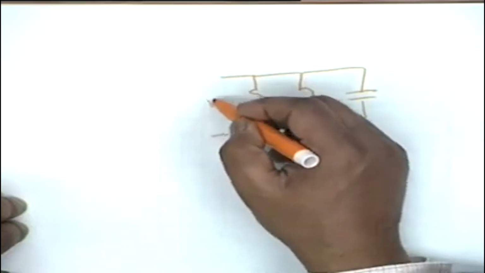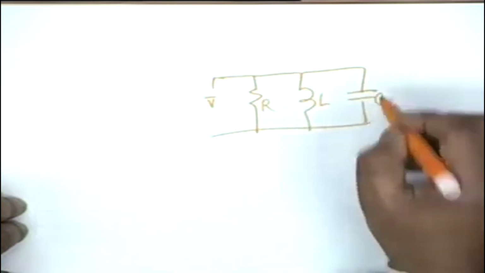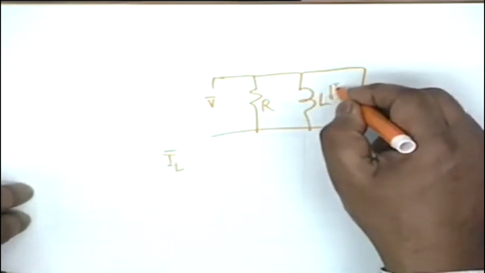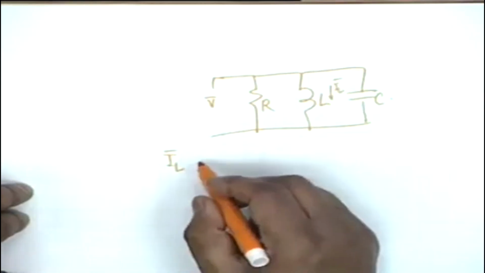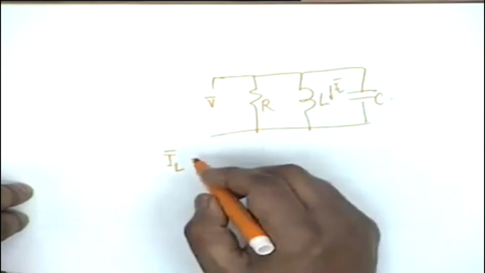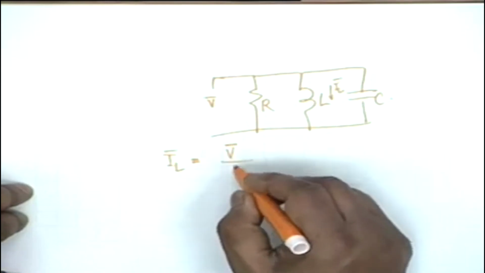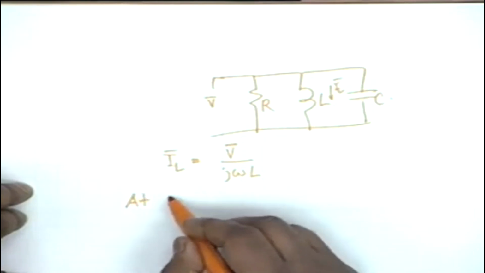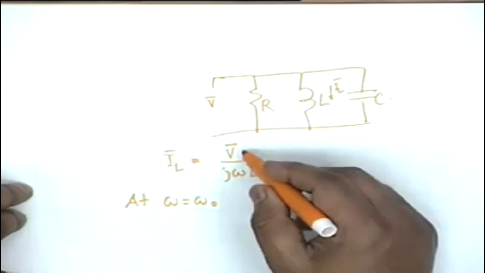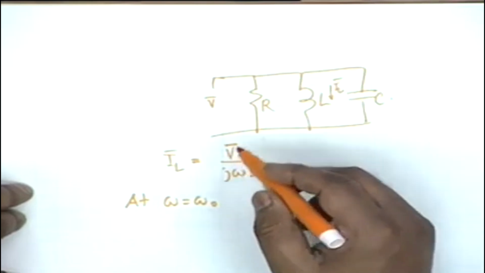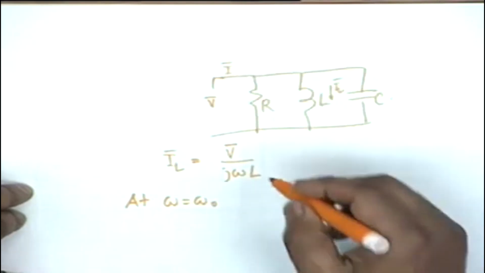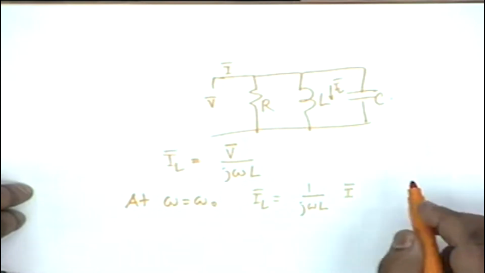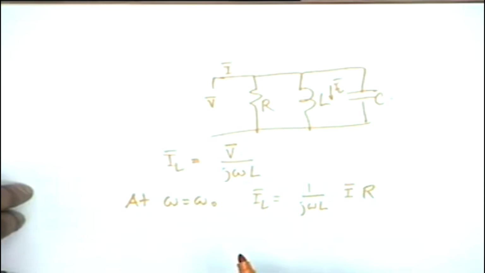in a very similar manner, if this is the voltage phasor, R, L and C, the current in, let us say, the inductor branch I sub L, or the current in the capacitor branch, you could take any, but let us take I sub L. The current in the inductor branch will be the voltage phasor divided by j omega L, all right, and at resonance, at omega equal to omega 0, the voltage is in phase with the total current I, and you know that I sub L phasor shall be V by j omega L. This will be simply I phasor multiplied by R, because the circuit is at resonance.